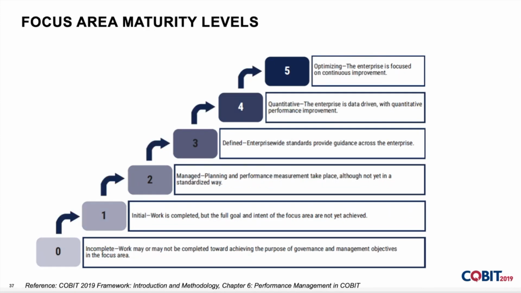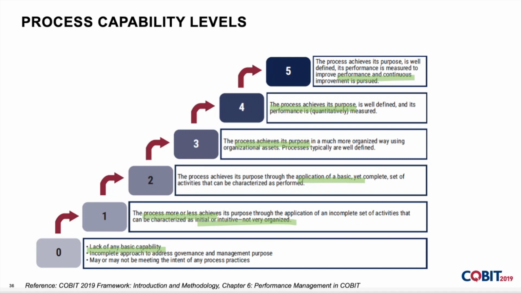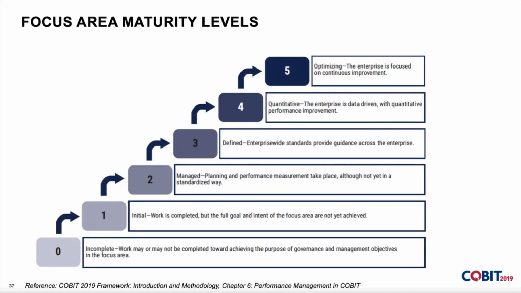Good. So then we have the focus areas. So remember that the focus areas were for specific elements of focus. And here again, you see the difference, if I go back one slide, between process capability as well as focus maturity levels. And the maturity levels are going from incomplete, which basically means there's nothing there, all the way towards optimizing.